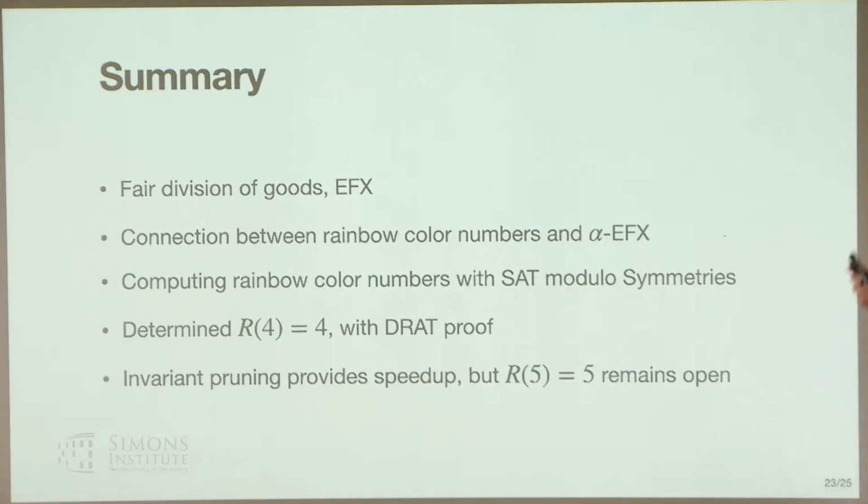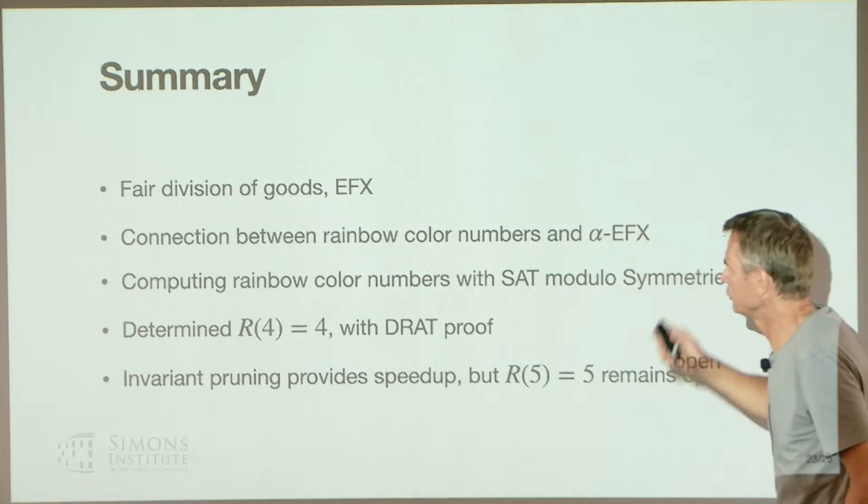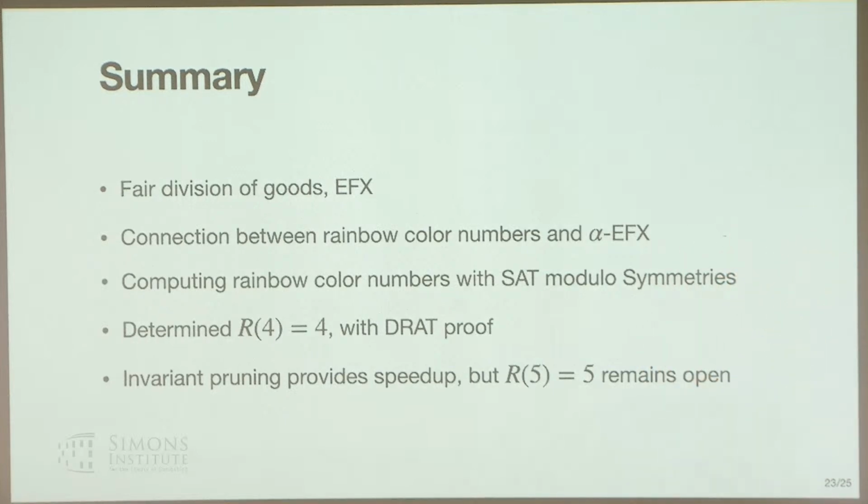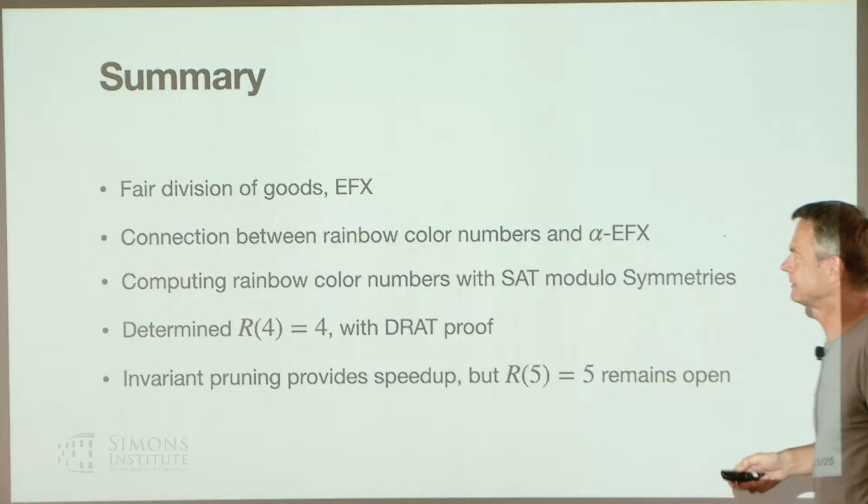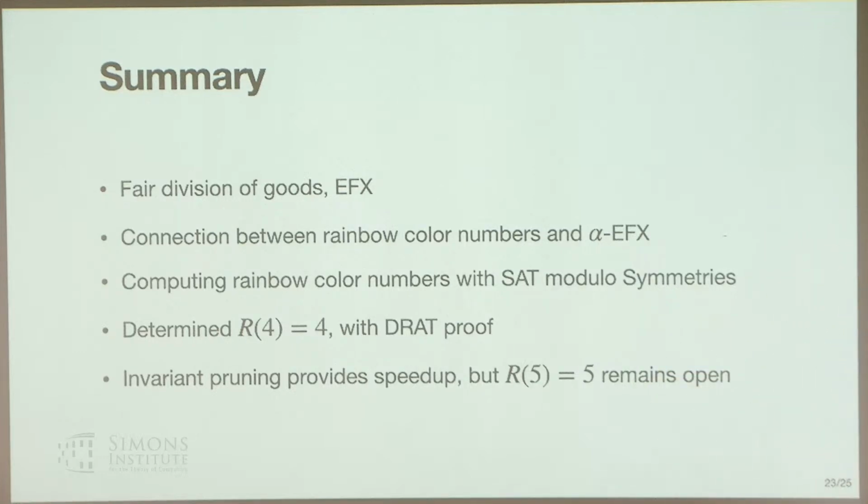Okay, summing up this third division of goods, EFX. One can discuss whether EFX is the best thing in the field, but apparently people in computational social choice seem to like the EFX allocation variant.